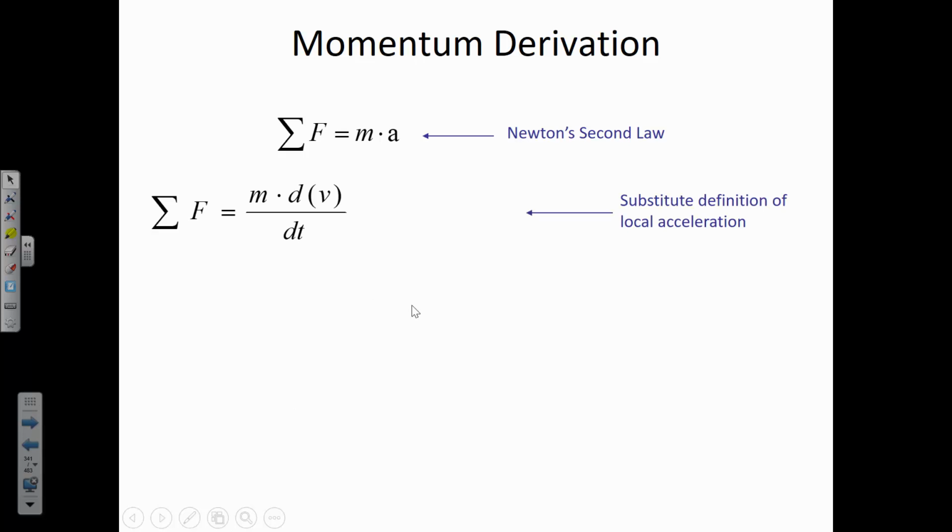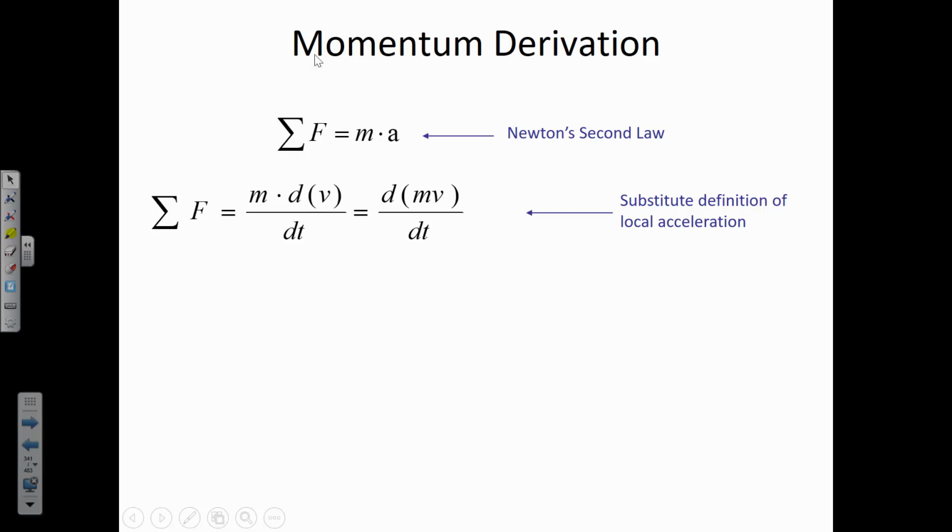Now, what we're going to do is put in a substitution instead of just calling it A for acceleration. What we mean specifically is local acceleration, or the change in velocity over time of some particle. We apply a force to that mass in order to achieve the change in velocity over time.